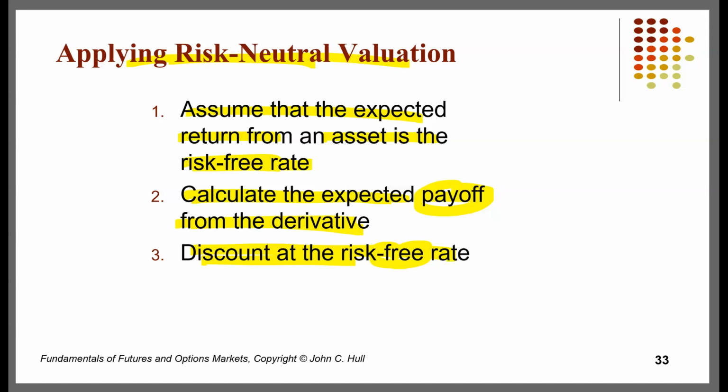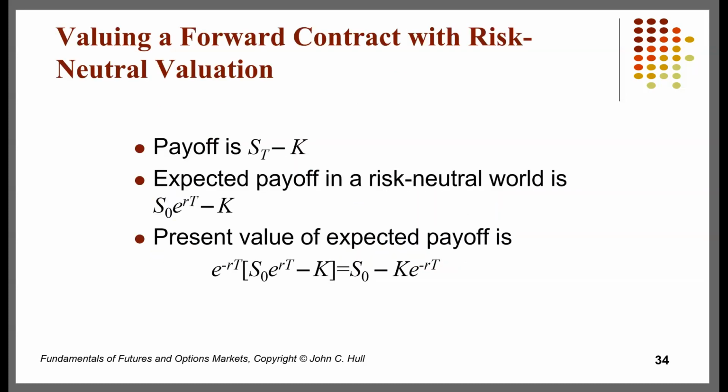Now, because you can value stock price that way, you can value essentially a forward contract in the same manner. So if K is the forward price and ST is the future value of the asset, your profit or loss on the forward contract would be the difference between ST and K. So that would be your payoff. And so the expected payoff in the risk neutral world would be that ST is simply the future value of S0.